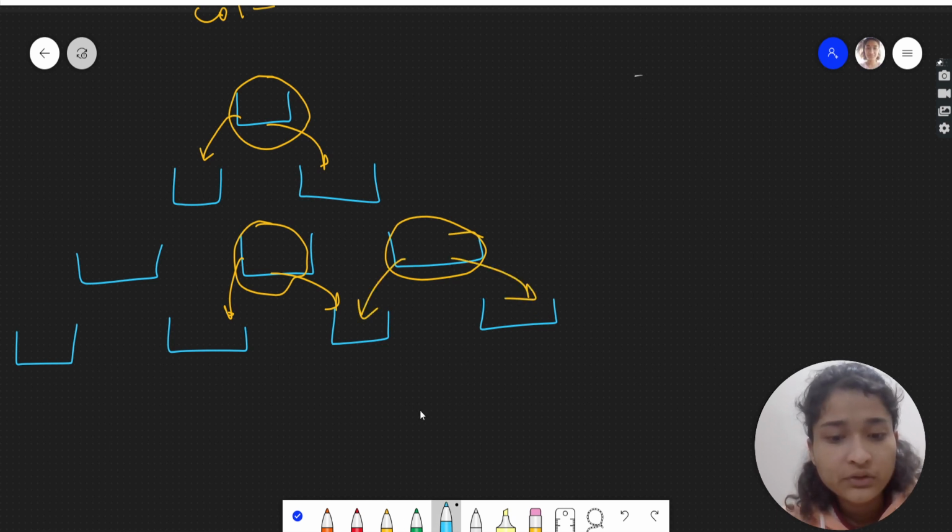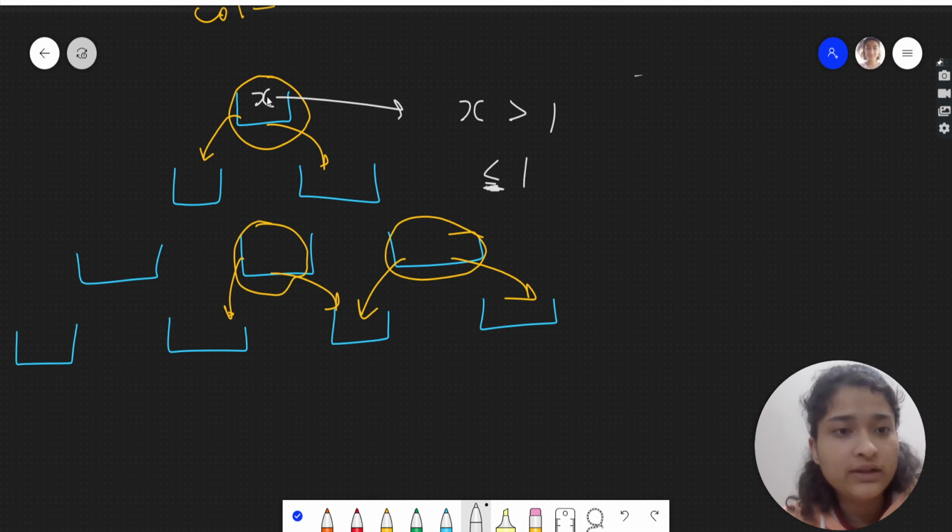Fine. So, for example, if here x amount is there and this x amount is greater than 1, why if it is greater? See, if it is less than or equal to 1, then it's fine. Then there is no problem because this glass has a capacity to store 1 cup maximum. But if x is greater than 1, let's say it's 4 or 3, then 3 cups cannot be stored in this single glass, right?